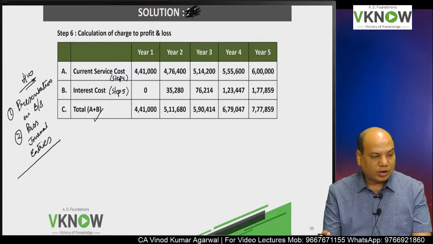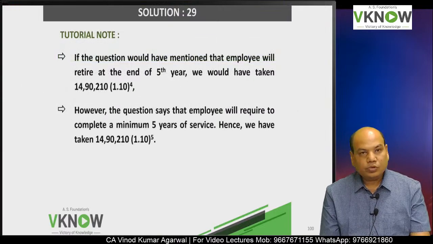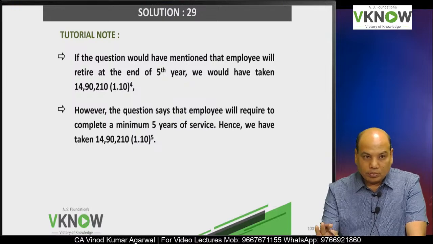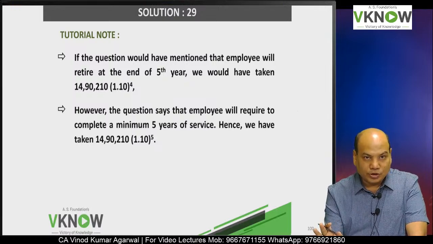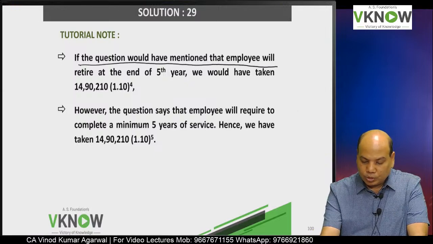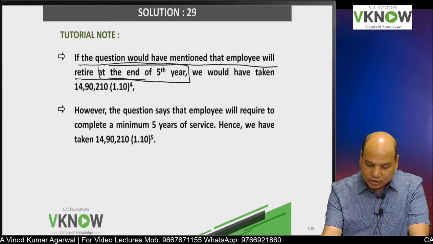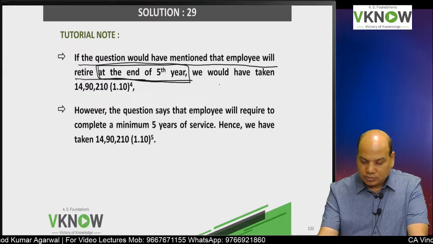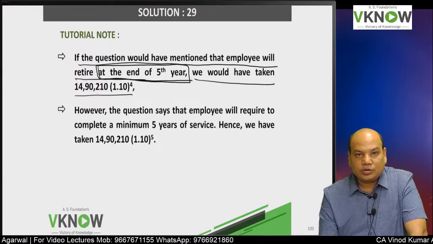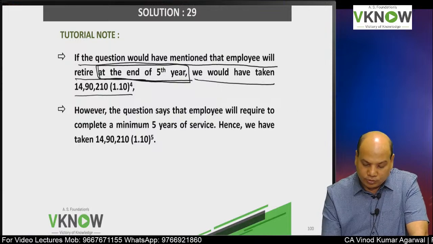In order to avoid any future confusion, some notes are written below for your understanding, because this question creates confusion. If the question would have mentioned that employee will retire at the end of 5th year, underline at the end of 5th year, then I will take 14,90,210 into 1.10 to the power 4.